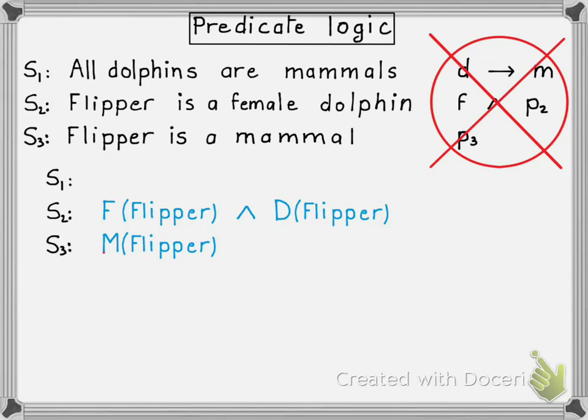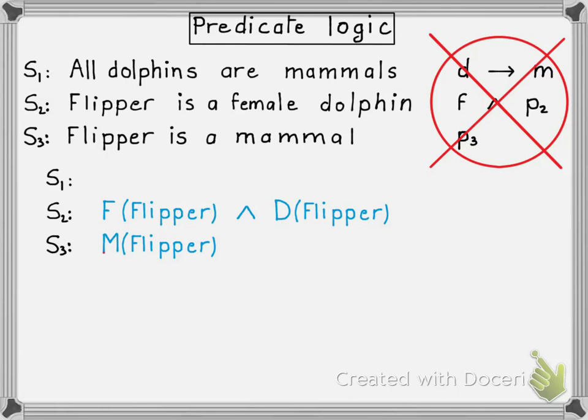Finally, let's focus on S1. S1 states that all dolphins are mammals. Now, even though it's not obvious, we had to work hard to realize that this statement is actually a conditional, which says that if something is a dolphin, then it's also a mammal.